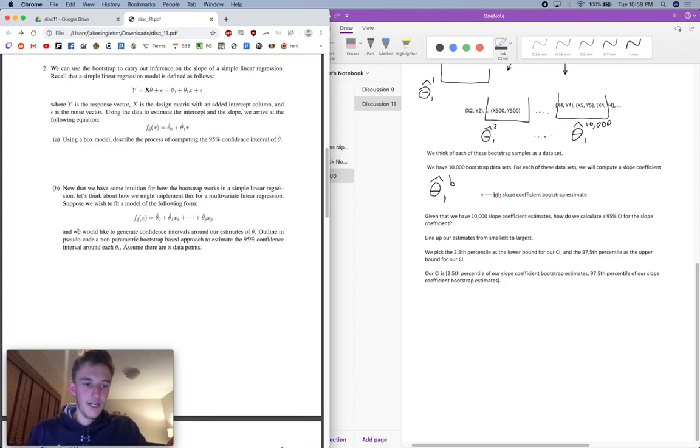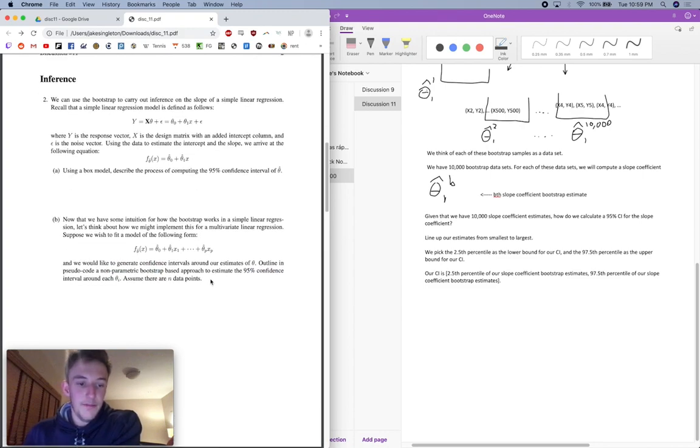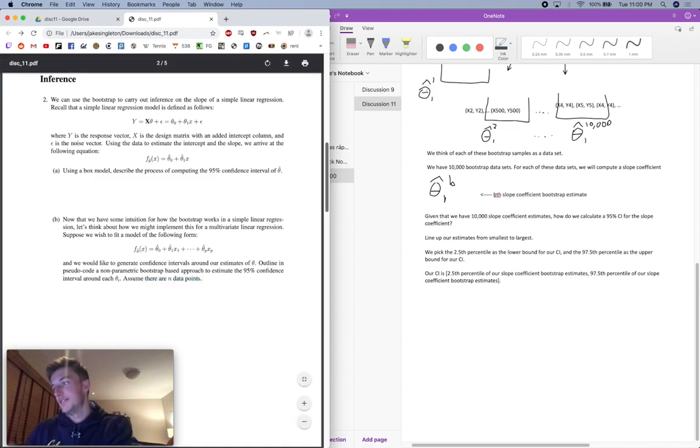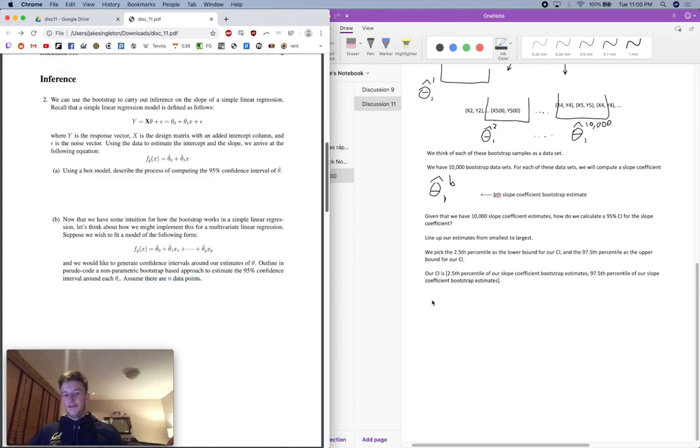And here again, our idea is we would like to generate confidence intervals around our estimates of theta. And so this question says, outline in pseudocode a non-parametric bootstrap-based approach to find a 95% confidence interval around each theta i. And we assume that there are n data points.